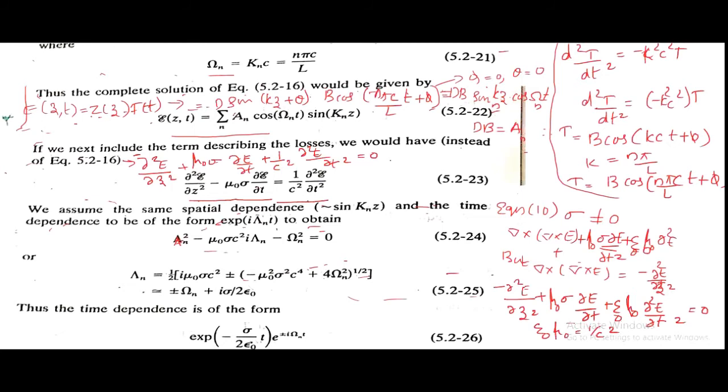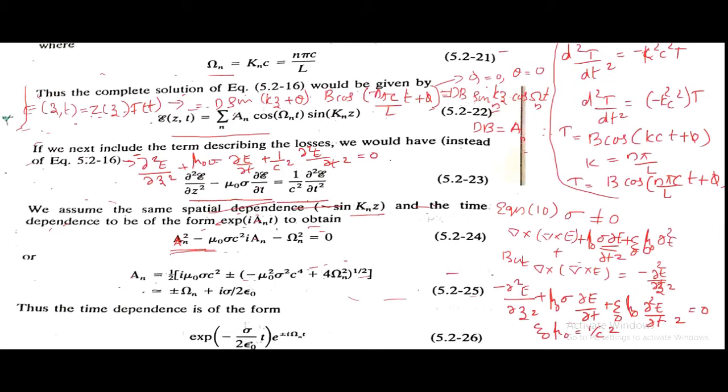Now if we assume the same spatial dependence, that is, proportional to sin k_n z, and the time dependence to be of the form exponential of i a_n t, then we get a_n square minus mu 0 sigma c square i a_n minus omega_n square equals 0.